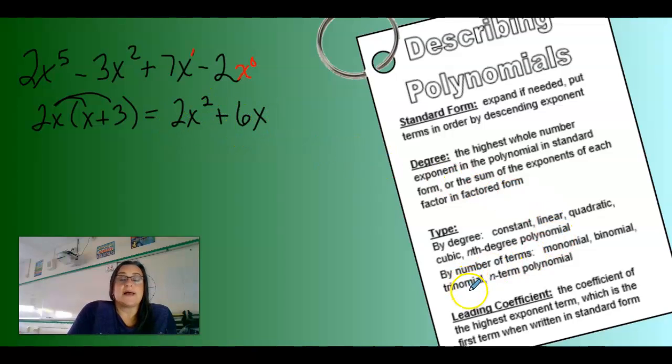A trinomial has 3 terms, and then an n-term polynomial has 4 or more. So the 2x to the fifth minus 3x squared plus 7x minus 2 example would be a 4-term polynomial. And then the leading coefficient is what we call the coefficient on the highest exponent term. In our first example, our highest exponent term is 2x to the fifth, so the leading coefficient of that polynomial is 2.